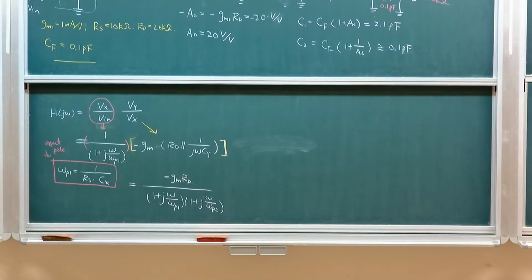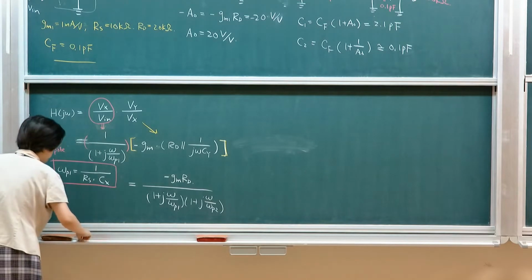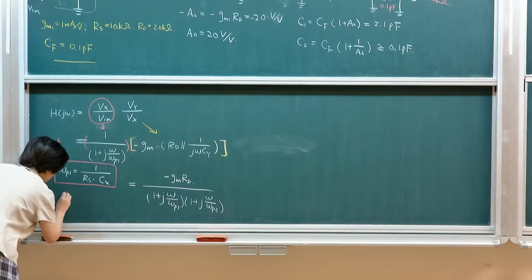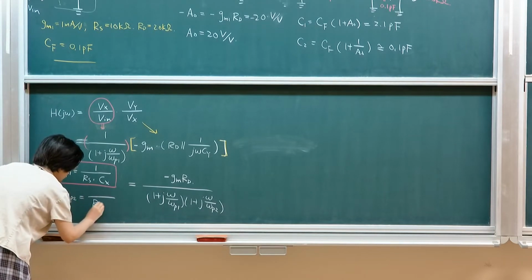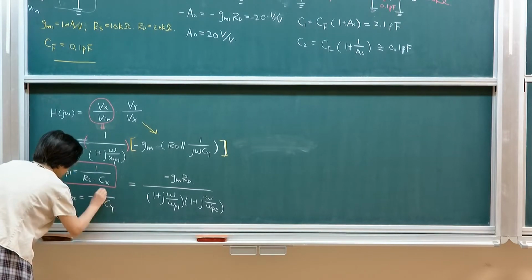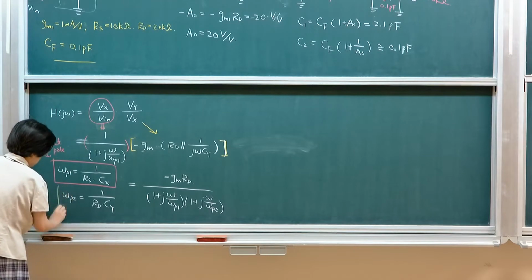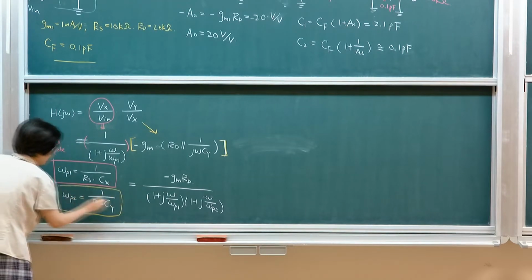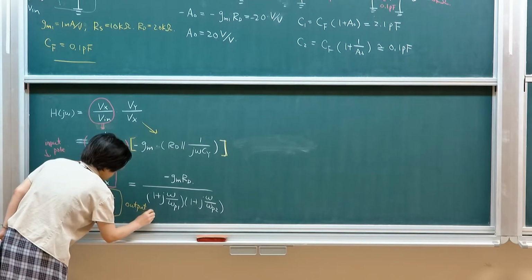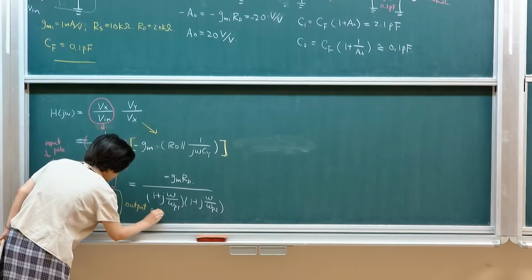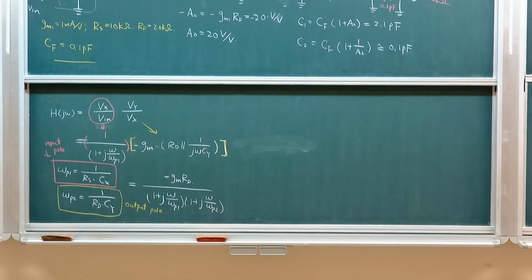Since we only have two terminals, there's an input pole, and the output terminal will give us omega p2, which is 1 over Rd Cy. So this is determined by its output terminal. You have an input pole and an output pole.